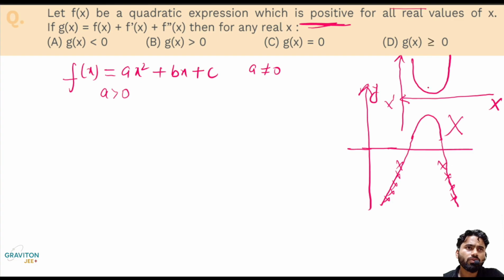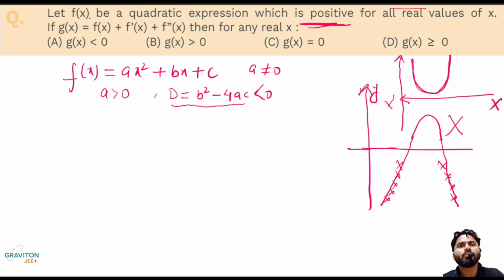And here you saw in this type of graph of the function, it does not touch the x-axis or cut the x-axis, so it has no real root. So when there is no real root, then D equal to b square minus 4ac will be negative. We all know about this, discriminant will be negative.